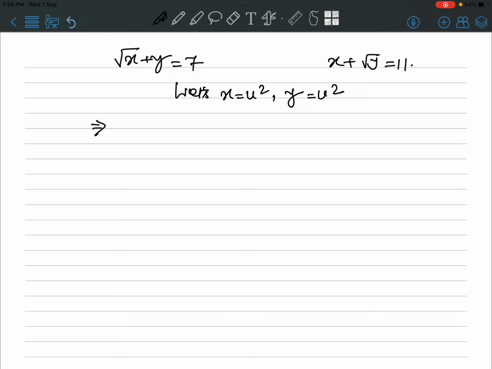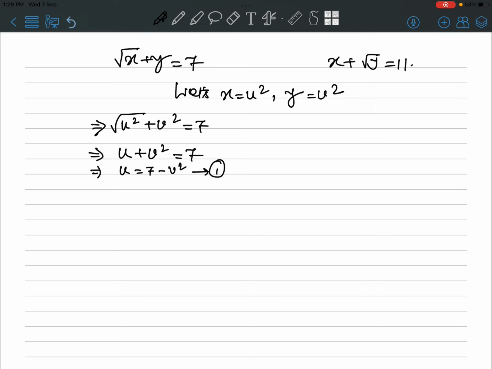For the first equation, in place of x we write root over u square plus v square equals 7. Now root over u square is u, so u plus v square equals 7. Now we can write u equals 7 minus v square. Take it as equation number 1.